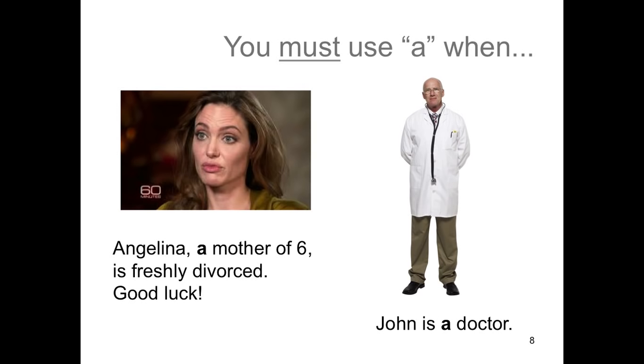So if you translate these examples into French: Angelina, a mother of 6, is freshly divorced, good luck. Angelina, mère de 6 enfants, est récemment divorcée. Or John is a doctor, John est médecin. You notice that the French doesn't use the indefinite article. So this is the source of mistakes.